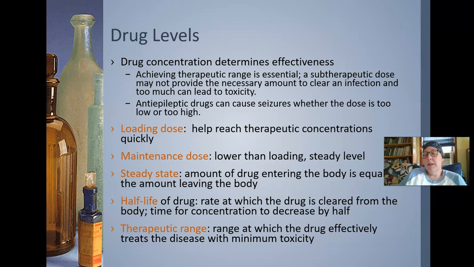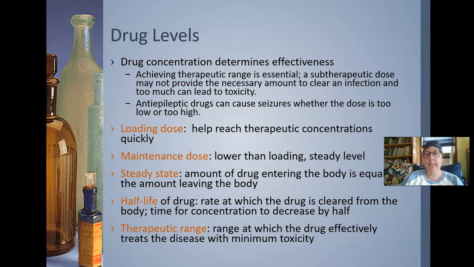That can depend on the type of drug. Maybe it's something you take every 12 hours, morning and night, or once a day, or maybe every 6 hours, but it's the same dose, and that allows you to maintain a steady level.